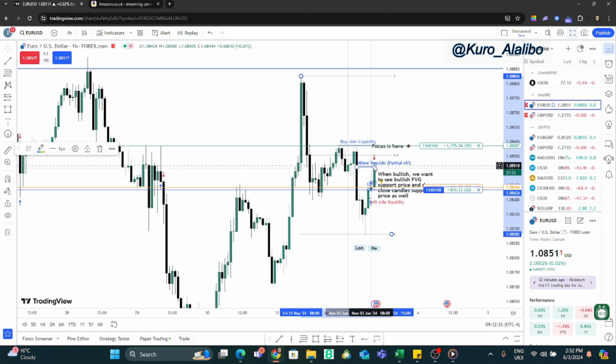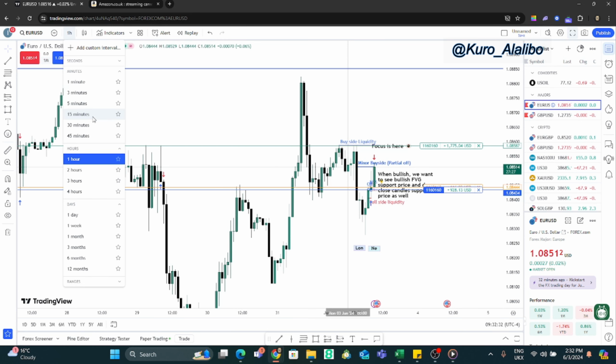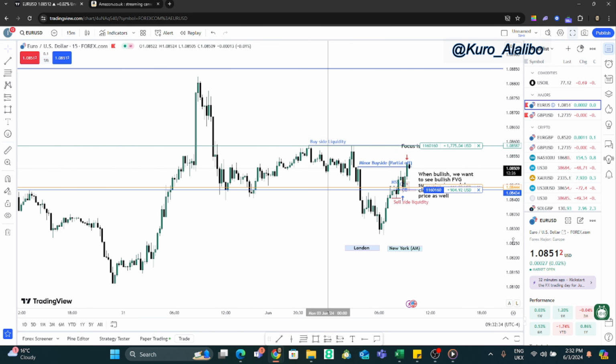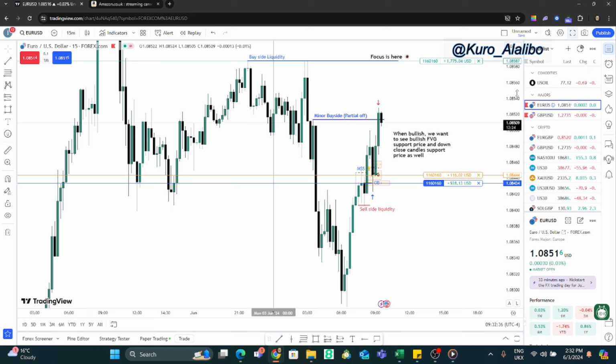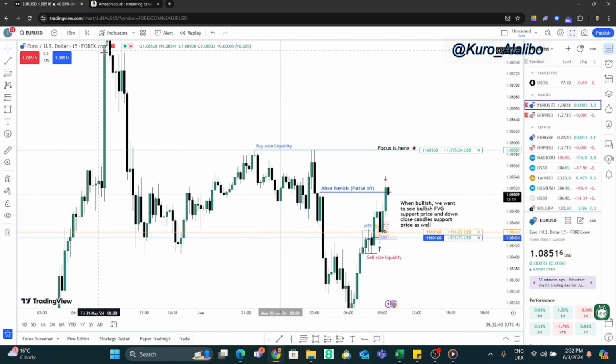So price is currently in a discount. You see these things come together, blended together. You have to have a valid trade idea. And on the 15-minute time frame, you can see that fair value gap is transposed to be this as well, which is still above the buy side liquidity.